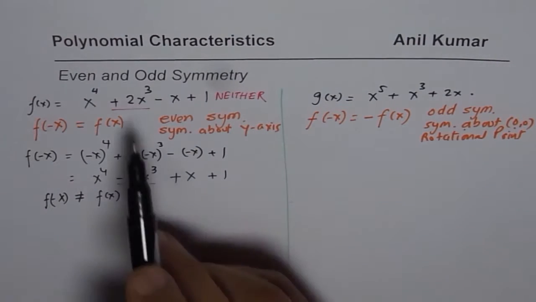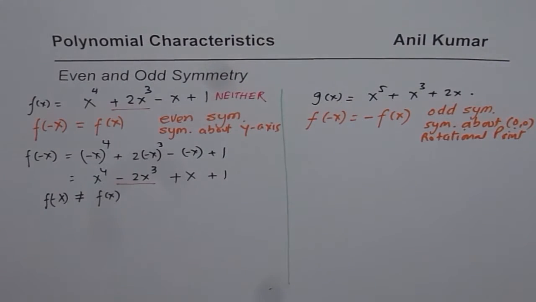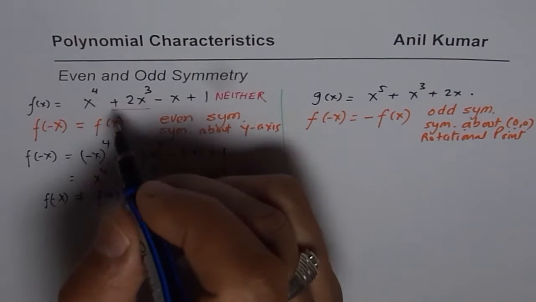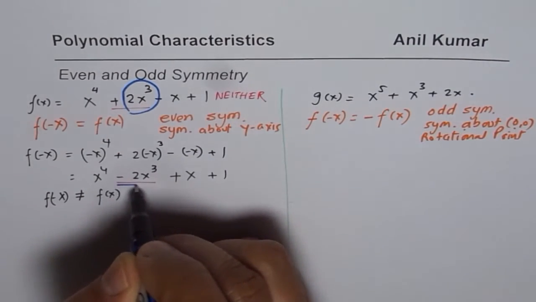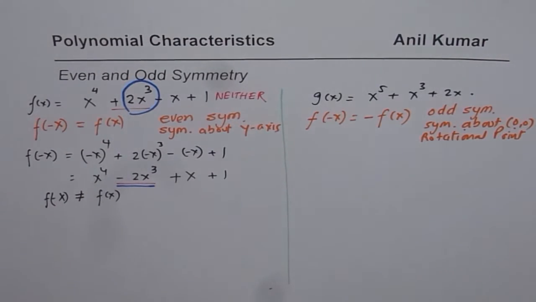Now what makes it neither? As you can clearly see, the term which makes it neither is this particular term, as this is the term which is not matching. So what we note here is that if an even degree polynomial has all even degree terms, only then will that polynomial have even symmetry. You get the point.